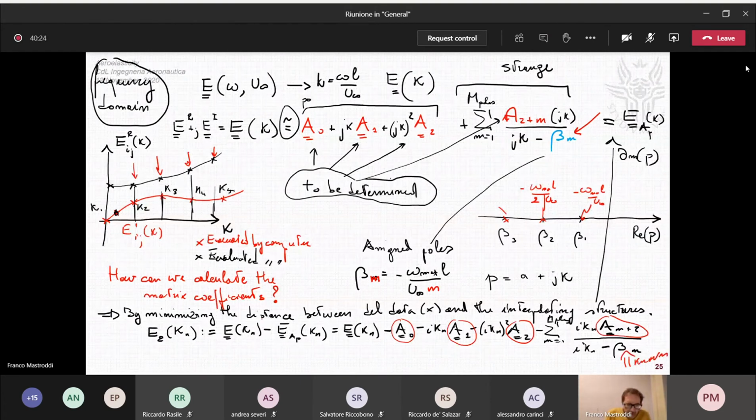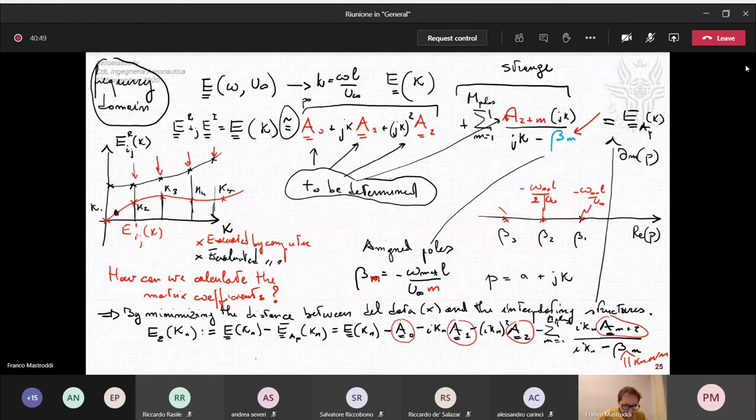Okay, and we have an error matrix, but in order to implement an optimal algorithm for finding the coefficients, we have to define a scalar error, not a matrix error.